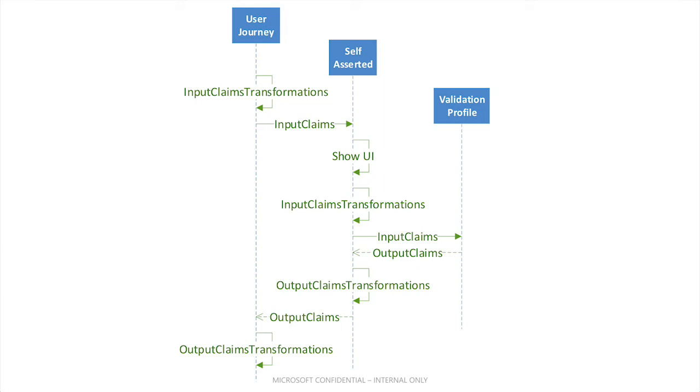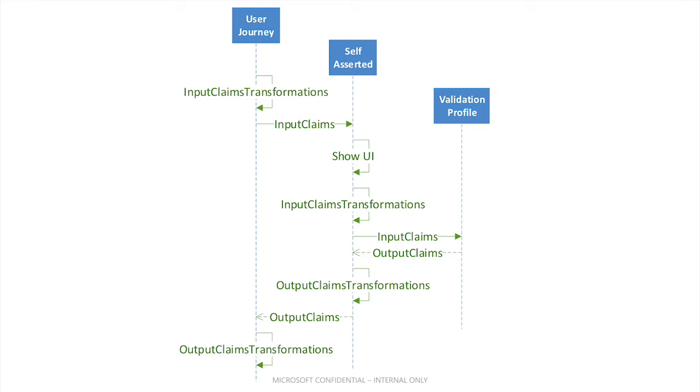If an input claims transformation was created that converted the first name and last name into a display name, that display name would be created and set in the system even before the self-asserted provider is executed. So regardless of whether the self-asserted provider succeeds or fails, we have that additional claim in the system. So that is how input claims transformations almost always work.